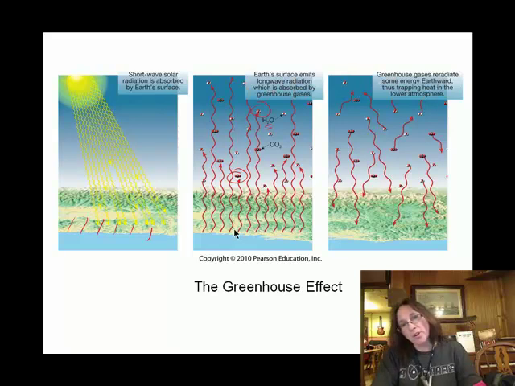Here we show a scattering, a pinging of the radiation that was sent up from the surface of the Earth by those gas particles. So those gas particles, carbon dioxide and water vapor, are selective for infrared radiation, unfortunately.